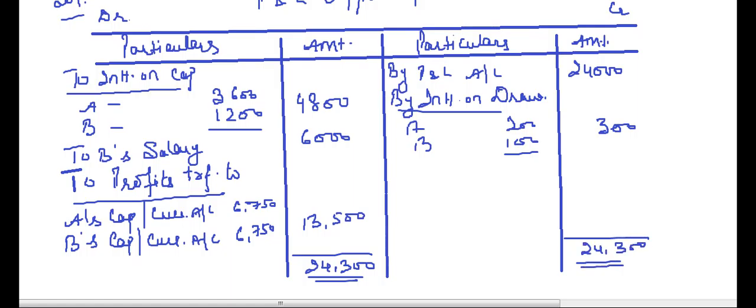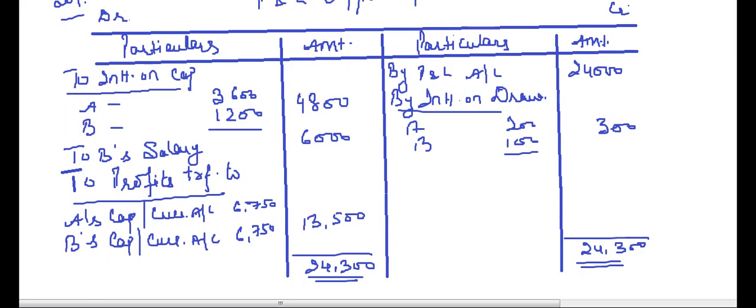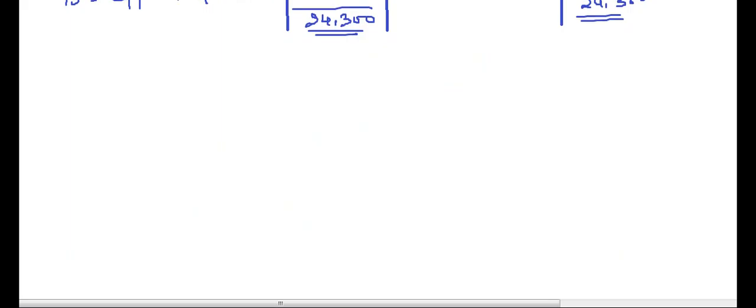Now the question says you have to prepare the capital account of the partners under the fixed capital method and the fluctuating capital method. Let's see now. First we will do the fixed capital method. Under the fixed capital method, the capitals introduced by the partners, the capitals on the first day of the accounting period, here 60,000 and 20,000, will remain fixed.